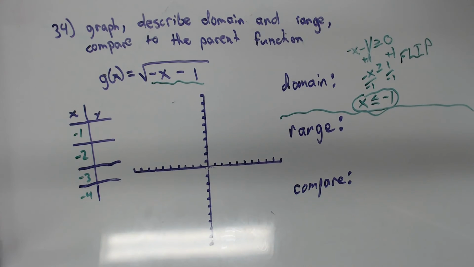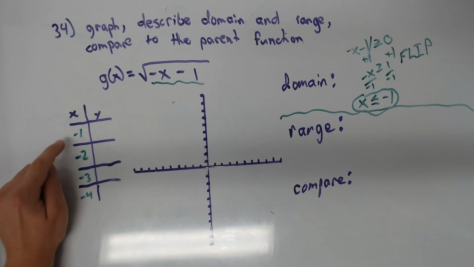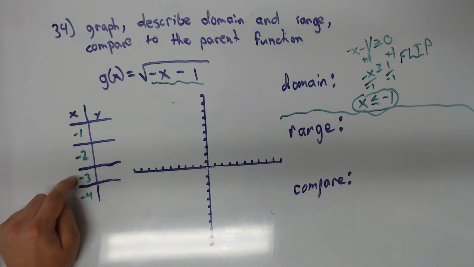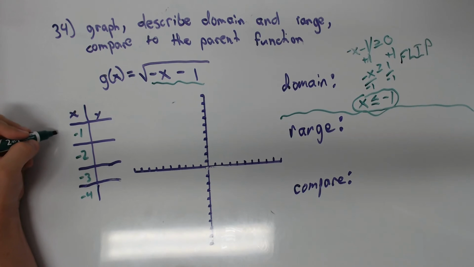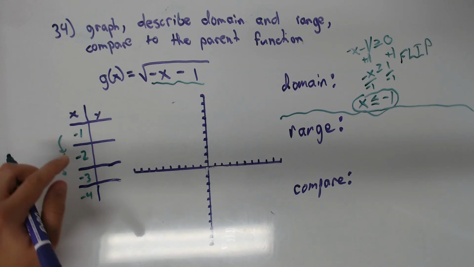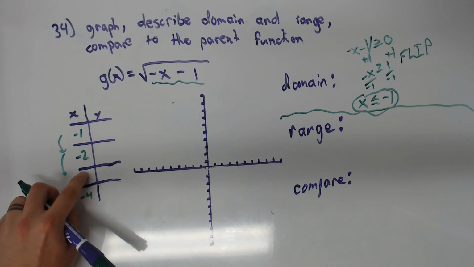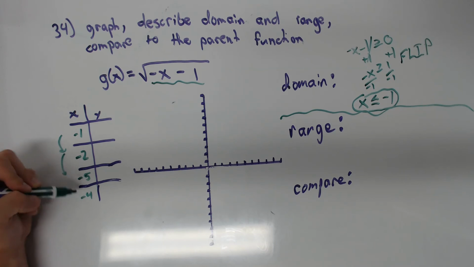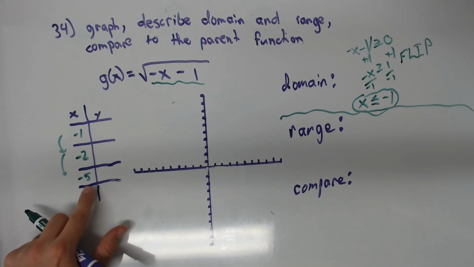All right. Now what's really best is to go up by perfect squares. So this is kind of like my 0. Then I want to do 1, and then 4. So negative 5 is going to be better here. And then I'm going to want to go by another 5.